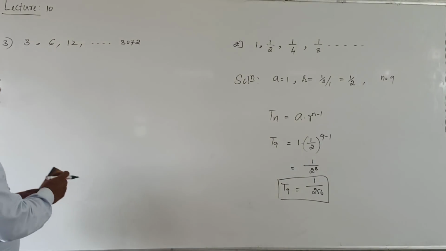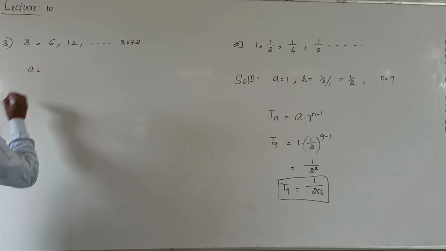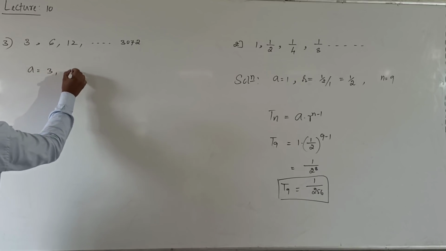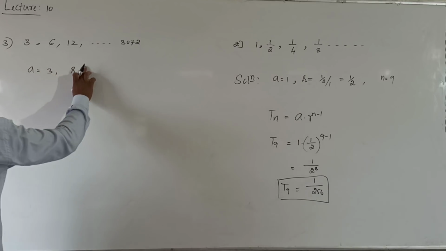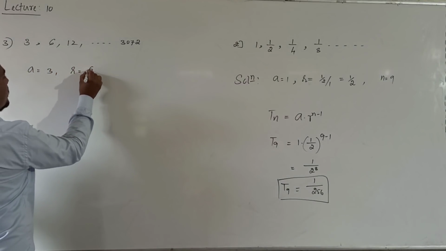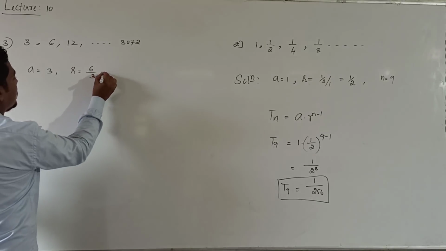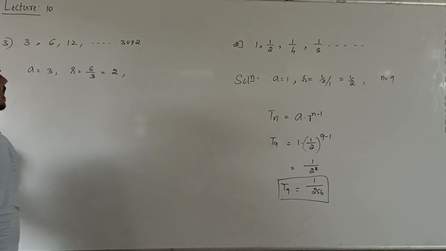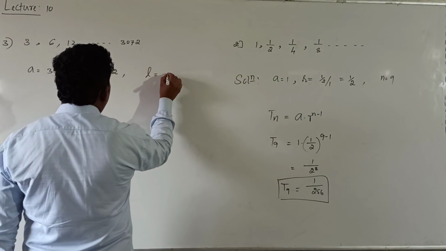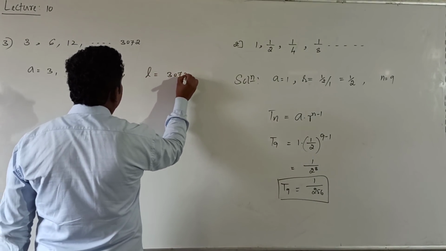From the end. In this case, what is A value? A equal to 3. And what is common ratio R? Common ratio R is equal to term divided by its previous term, that is equal to 2, and in this case last term L is given, that is L is equal to 3072.